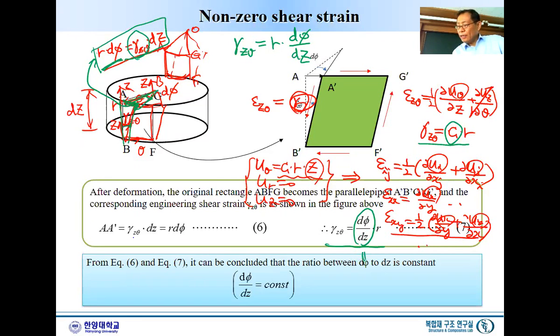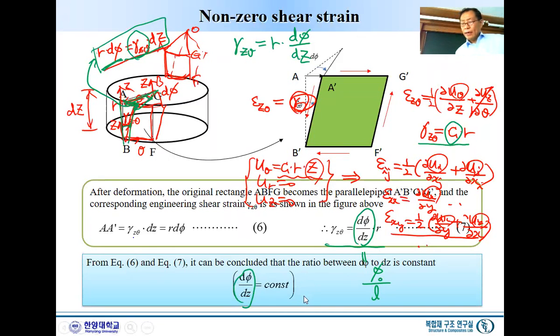So when we apply a constant torque through each cross section, this can be said as total phi divided by L. Okay, d phi dz can be called phi 0 divided by L. Well, in general, we can say d phi dz.